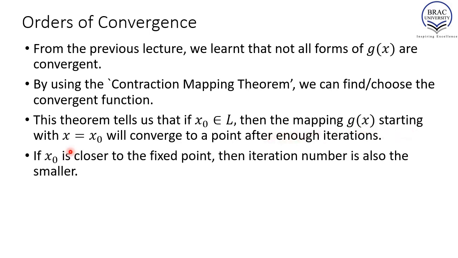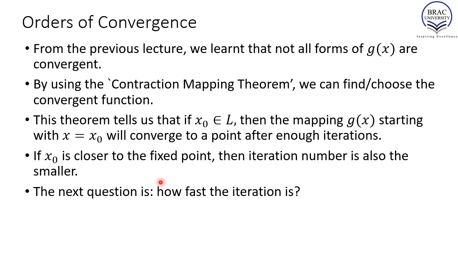That is guaranteed. If x naught is closer to the fixed point, then the iteration number is also less. That means we need a smaller number of iterations to get the fixed point.